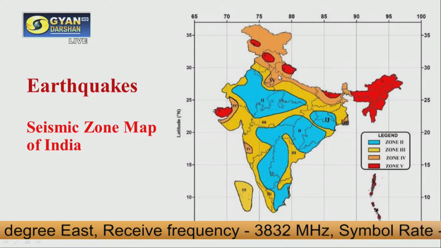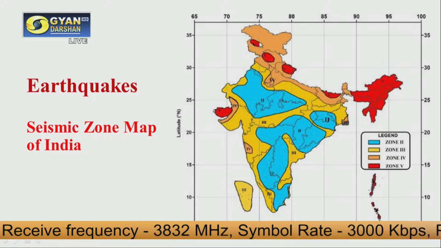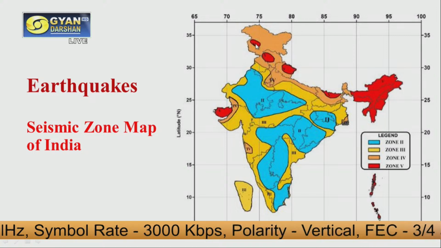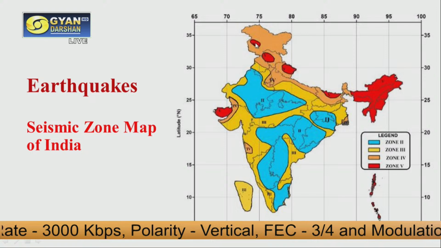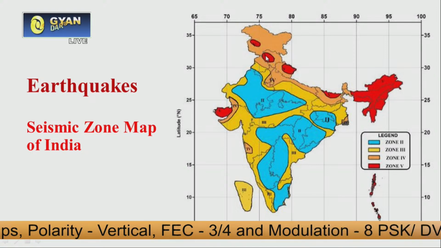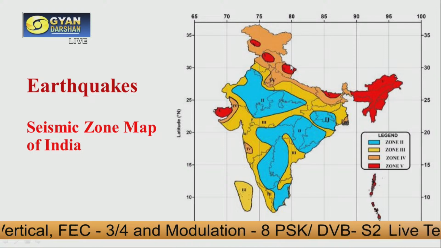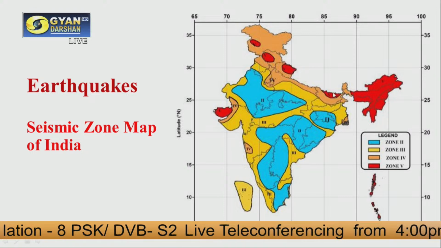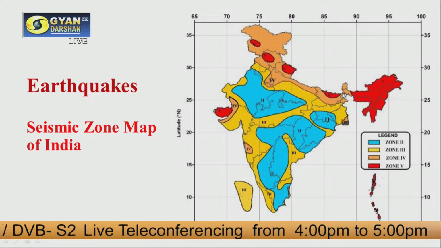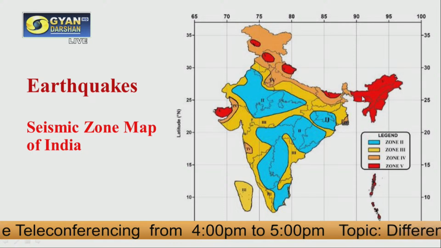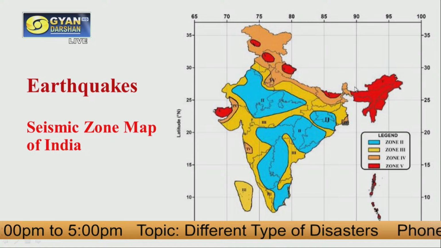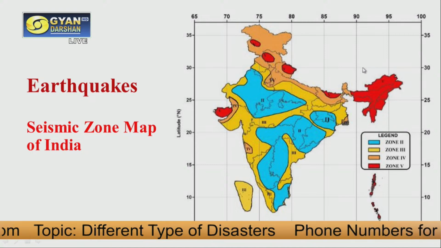And if you see here, in this reddish part, these are zone 5, which you see here in Jammu Kashmir, then a small part in Himachal Pradesh, then it goes to Uttarakhand, then here to Bihar, then the whole of the northeast.